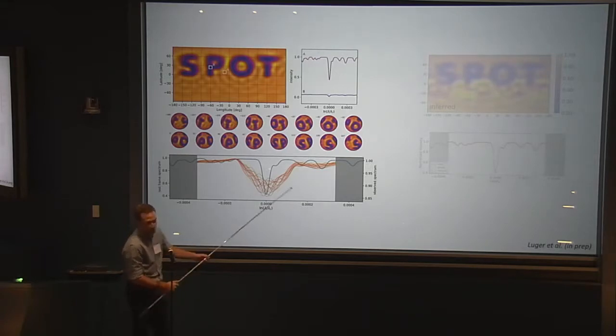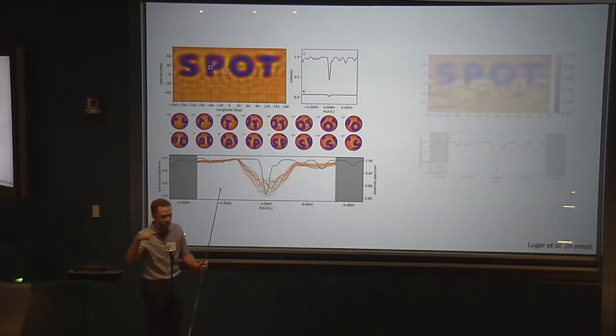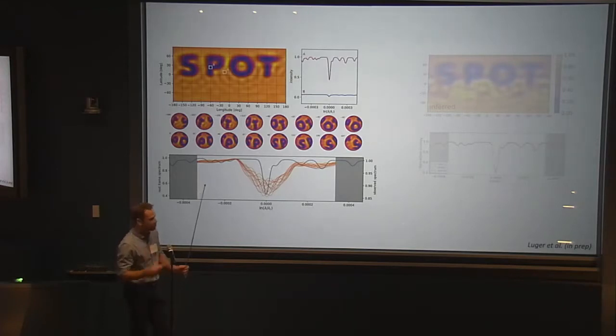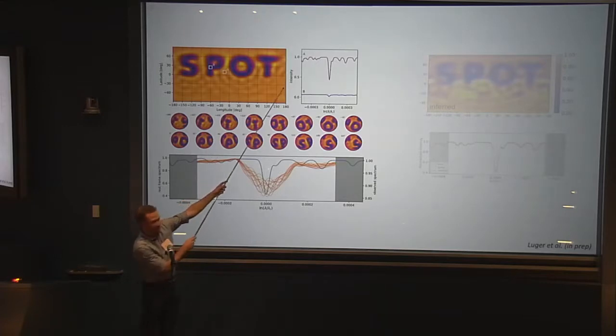It'll get rotationally broadened, but spot features on the blue shifted side or the red shifted side of the star will cause distortions in the spectral line shape. And so you'll get these orange curves. What I'm interested in is going from these orange curves, which are measurements of the spectrum at different points in time, and backing out both what the map of the star looks like and what the rest frame spectrum is. So trying to solve the full problem.